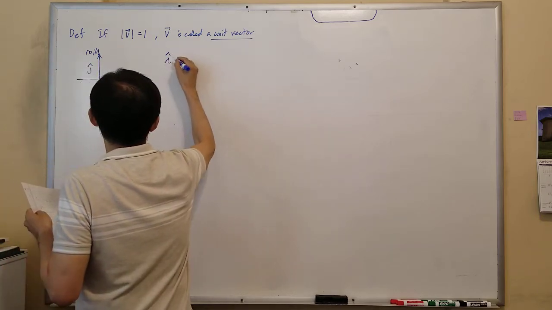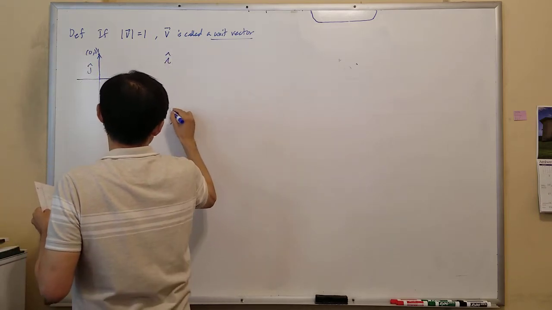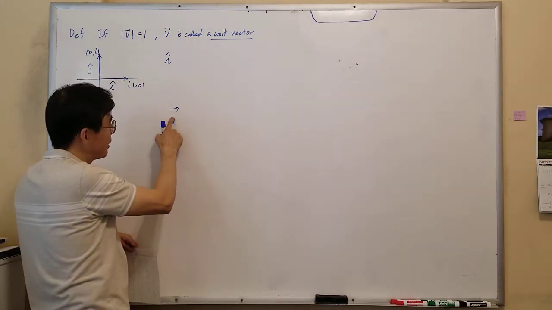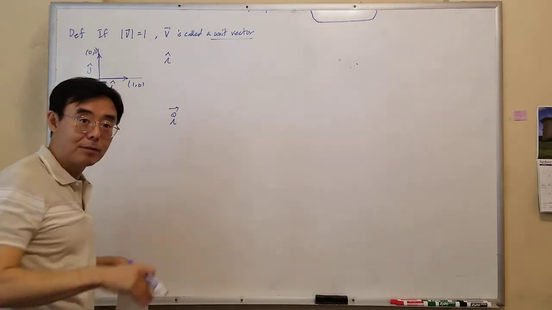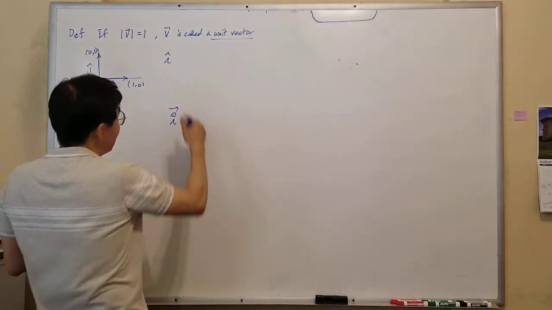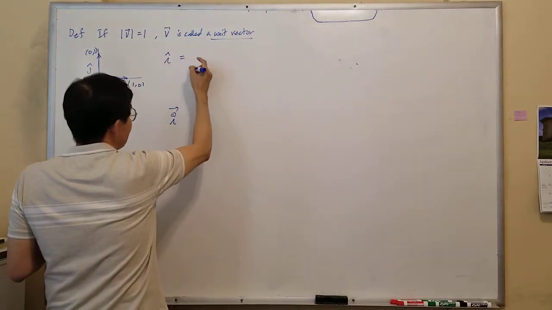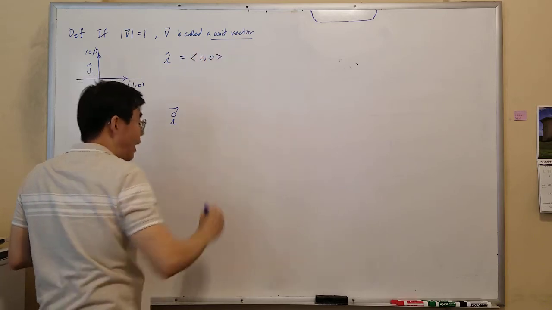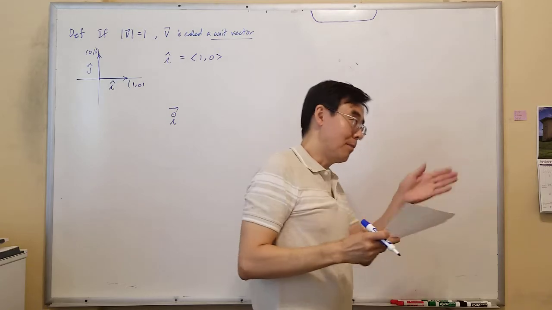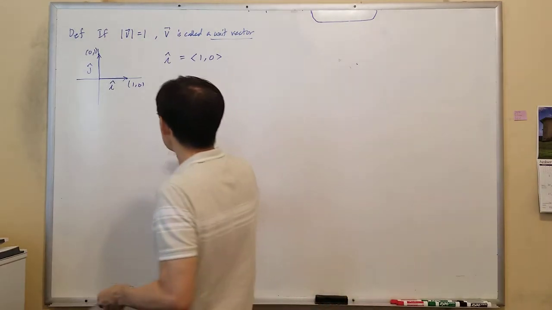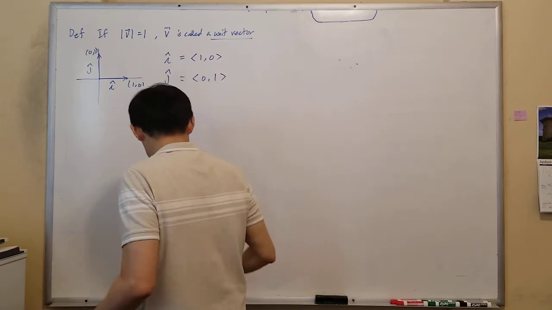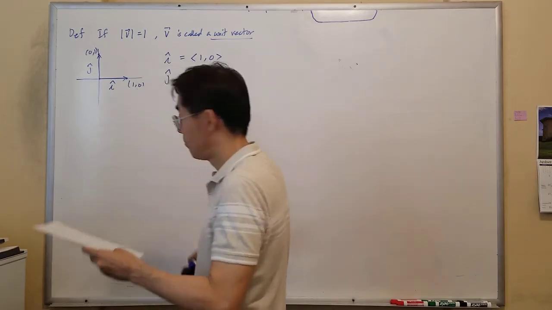Because it is so awkward, we actually take off the dot, and hat a lot of times means unit vector. So I hat is a unit vector in the positive x direction. J hat is a unit vector in the positive y direction.